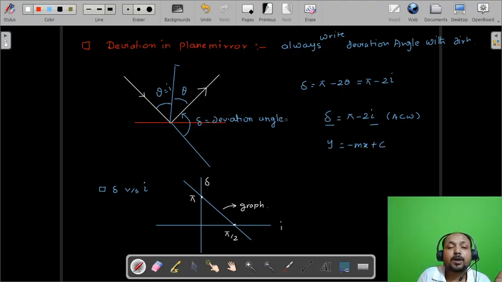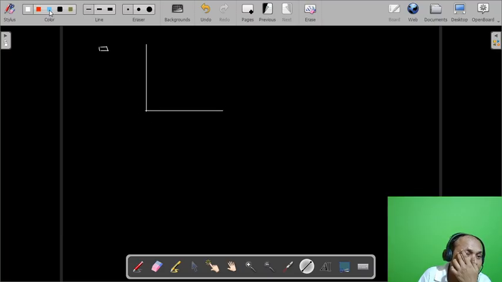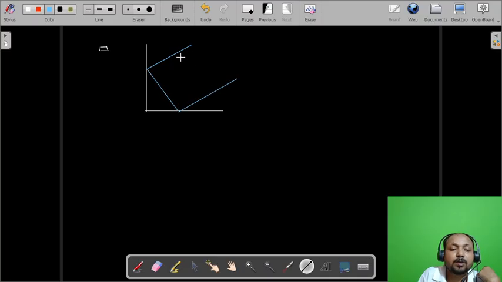Now after that, let us take another example for the combination of mirrors and finding out the deviation angle. Let us take one example. Let's say these are the combination of two mirrors, and now we have to find out the net deviation. Let's say an incident ray is incident on this surface and reflects to this surface.